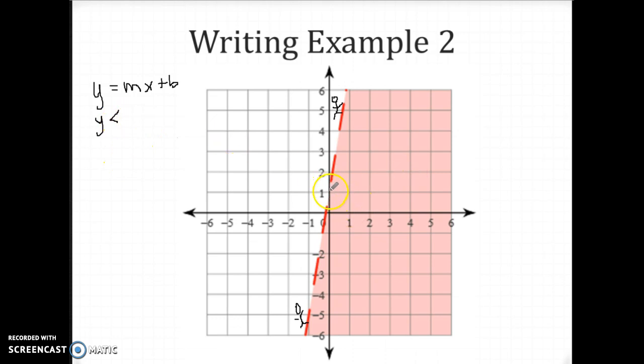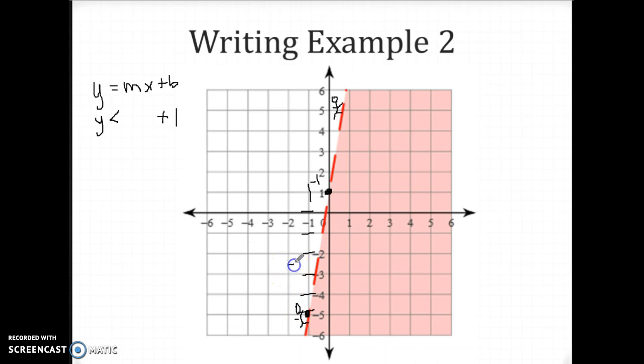Our y-intercept here is a little bit trickier to see because of this type of dashed line we have, but here is our y-intercept. It's crossing at a positive 1. And our slope: if we count from this point to this point, for sure, because it's crossing at an intersecting line, we'd go left 1, so that's a negative 1, and then down 1, 2, 3, 4, 5, 6.